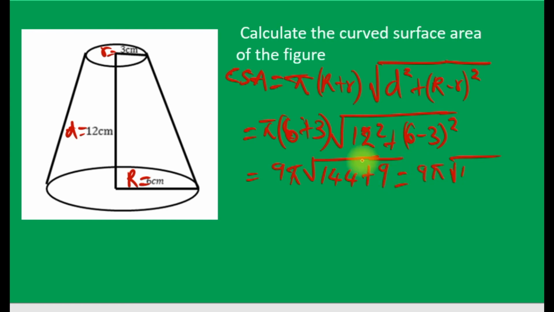Okay, I can decide to factor 9. 9 in 153 is 17. Do you get? I decided to factor 9, so check it. The square root of 9 is 3, so 3 times 9 is 27. 27 pi square root of 17. So that's our answer.